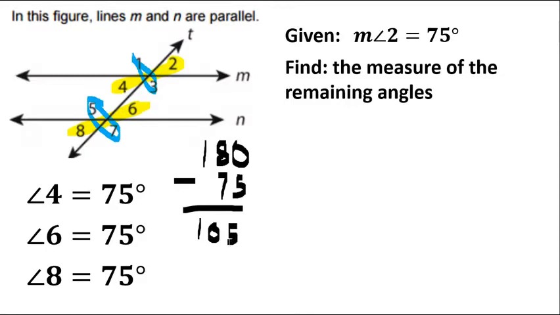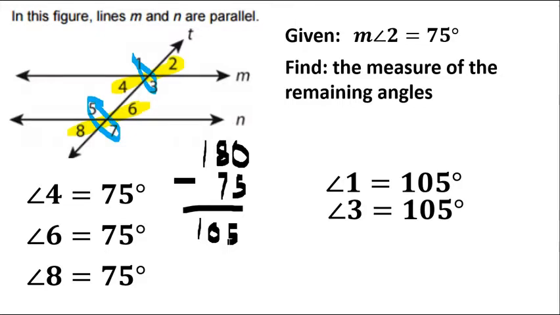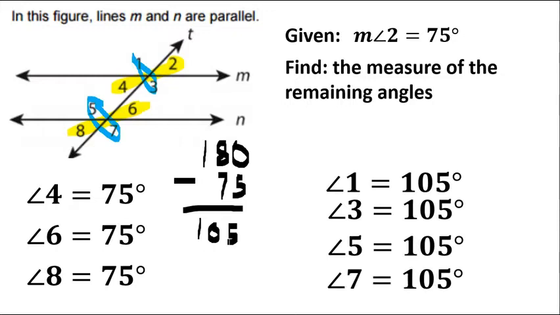So that means that angle 1 is 105, angle 3 is 105, angle 5 is 105, and angle 7 is also 105 degrees. So that's a pattern that the angles follow when the two lines are parallel.